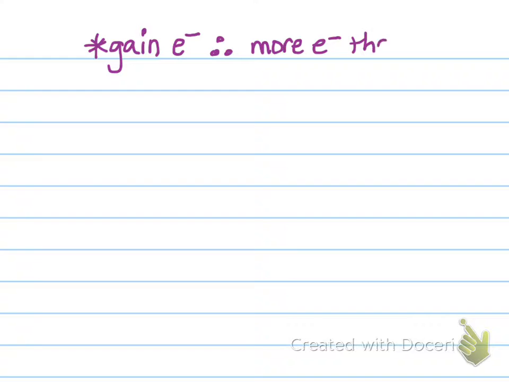In an anion, we gain electrons. Therefore, we have more electrons than protons. Therefore, we have a negative charge.